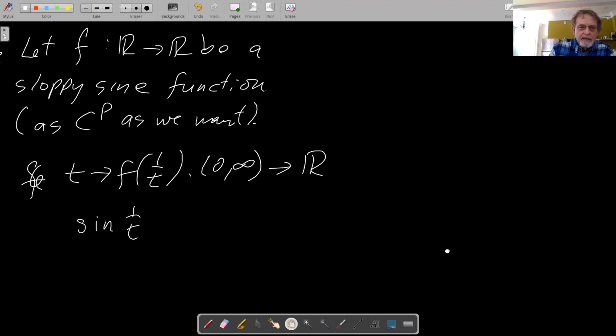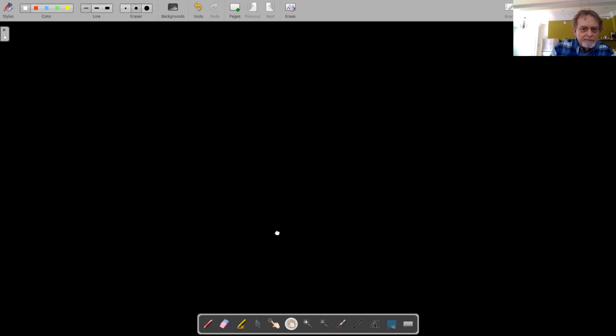So how do I get this sloppy sine function, by the way? There actually is a little bit of work that goes in here. I'm going to basically just sketch some of the construction. There are a lot of details. But one of the things this starts off with is a fun little fact about definable topologies in general.